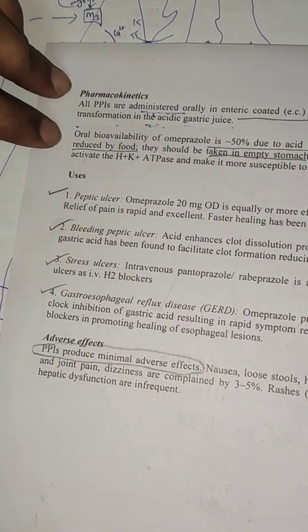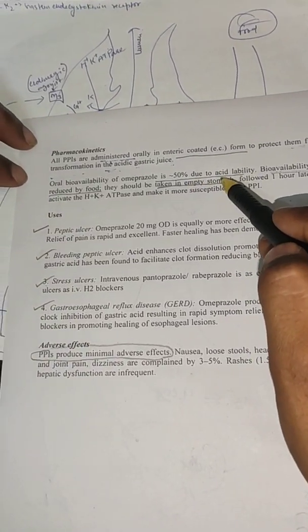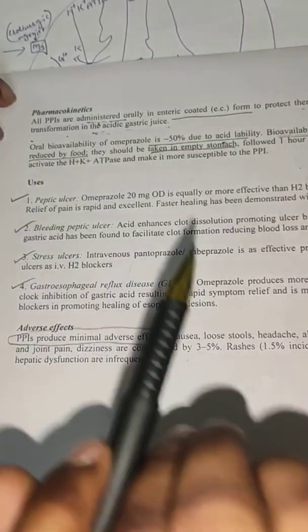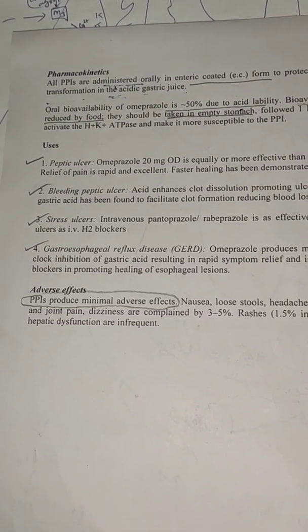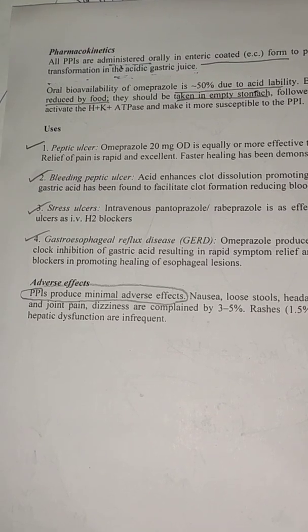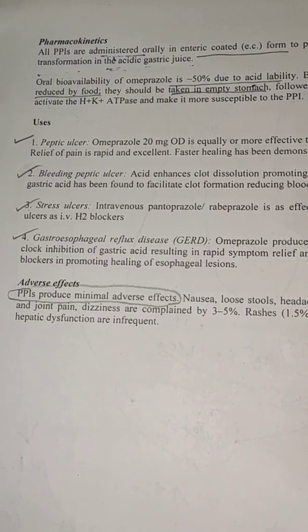The oral bioavailability of omeprazole is 50% due to acid lability. Okay, so the oral bioavailability of omeprazole is 50%. Why? Because of acid lability.